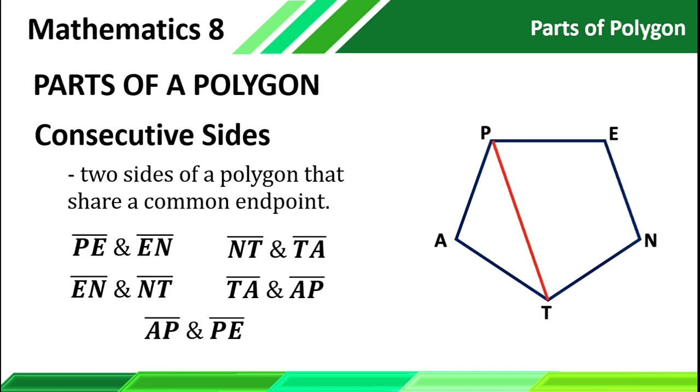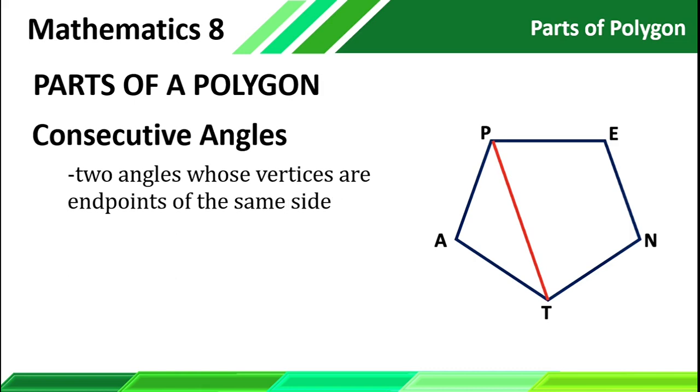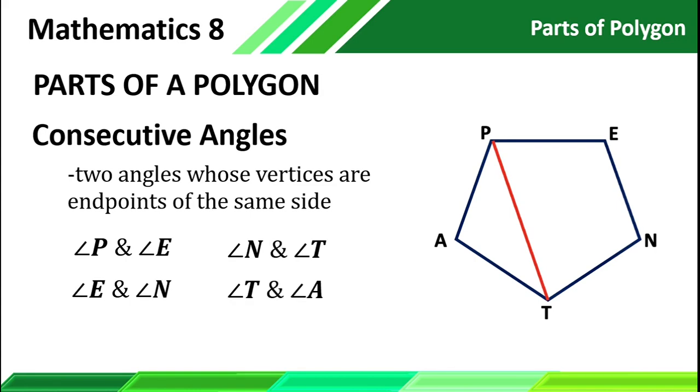If we have consecutive sides, we also have consecutive angles. These are two angles whose vertices are endpoints of the same side. So the consecutive angles here are the following: angle P and angle E, angle E and angle N, angle N and angle P, angle P and angle A, angle A and angle P.